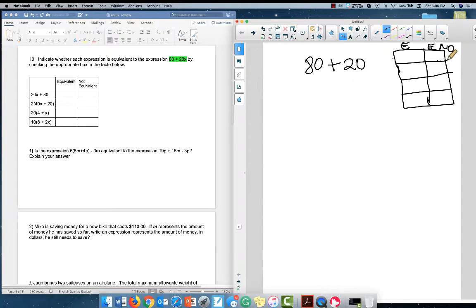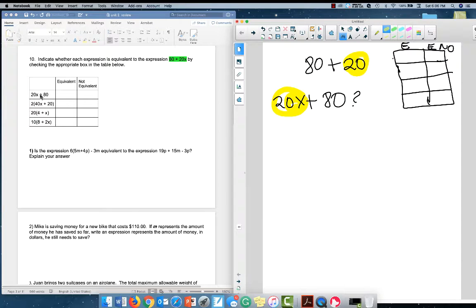Okay, the first problem. So basically this question is just asking you, is 80 plus 20x equal to 20x plus 80? Is it? Let's see. Look where the x is and the 20, and look where the 20 is compared to our original, what we are using to compare it to.